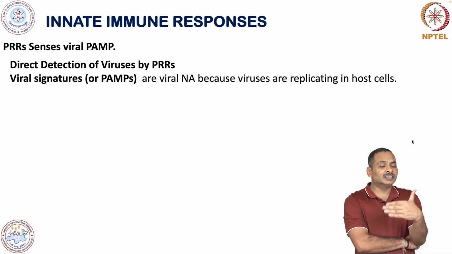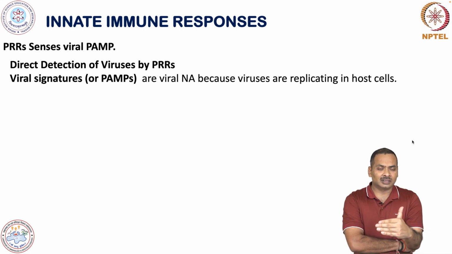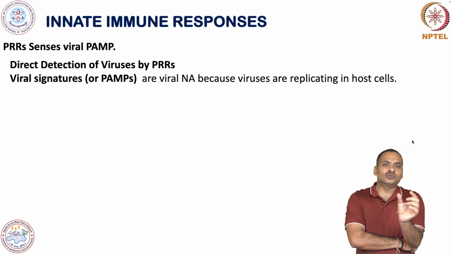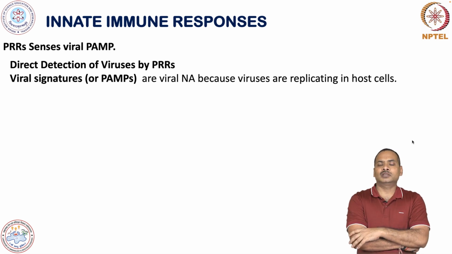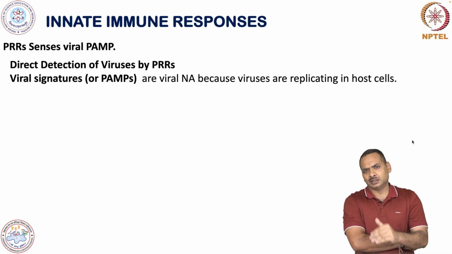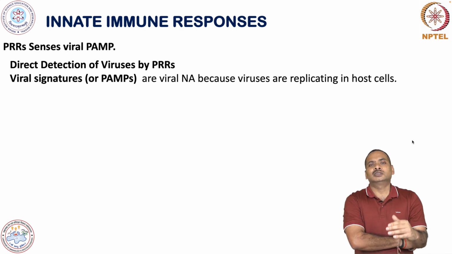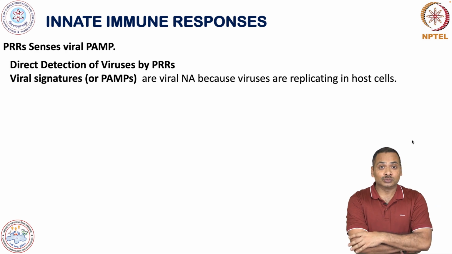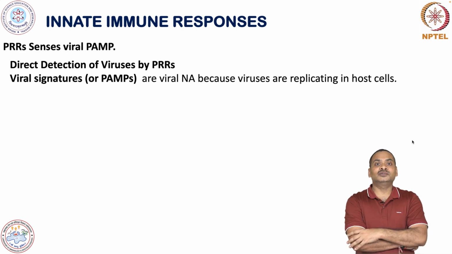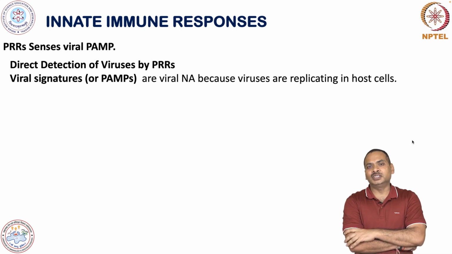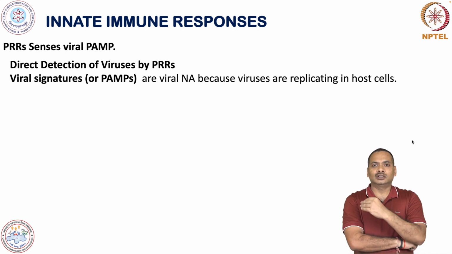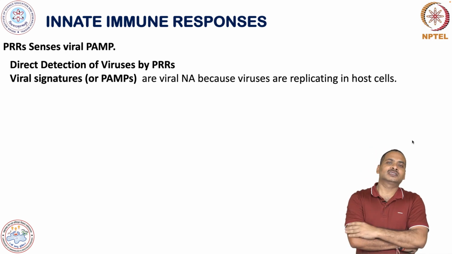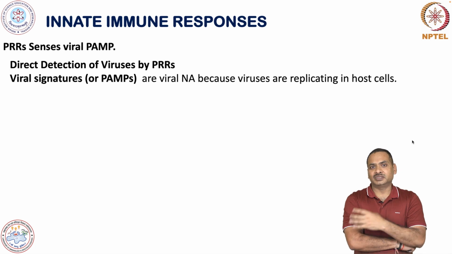In the general condition, in a healthy living cell, this viral nucleic acid is not present in the cytoplasm or in unique locations, for example endosomes or endolysosomes, but during virus infection these are present in these positions, and this nucleic acid is quite different compared to the host nucleic acid that I discussed earlier in the previous session.